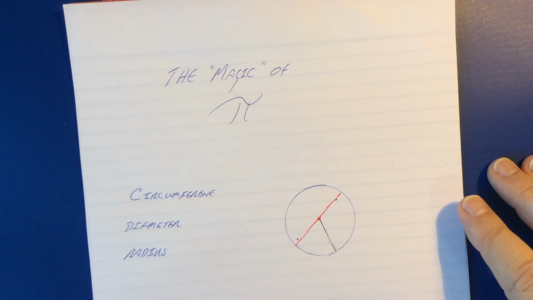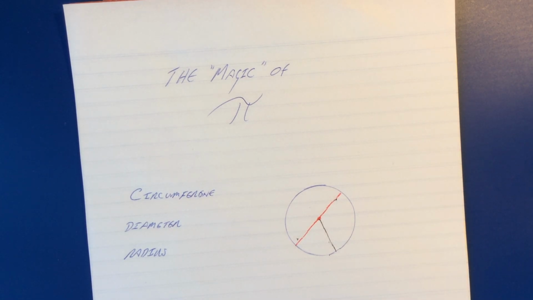We use pi, the symbol pi, on our calculators to find things like the area or the circumference of circles and various other round objects. What it is exactly is the ratio of the circumference to the diameter of any circle.